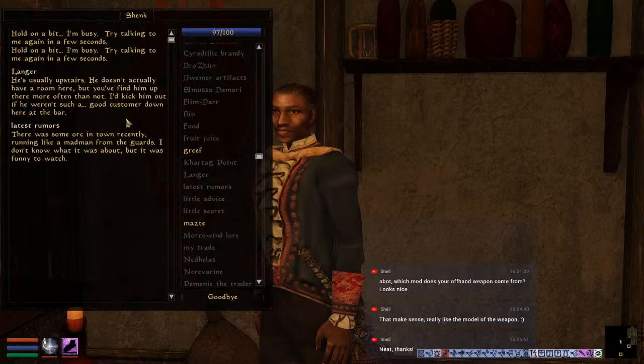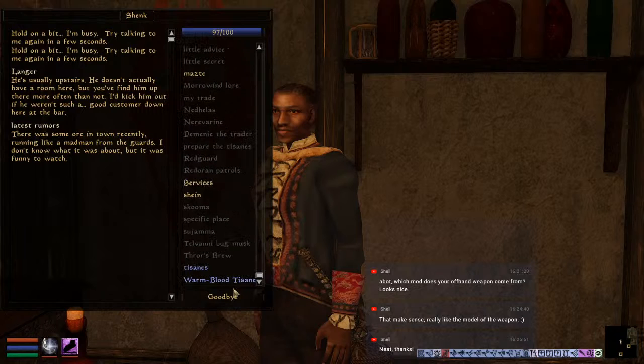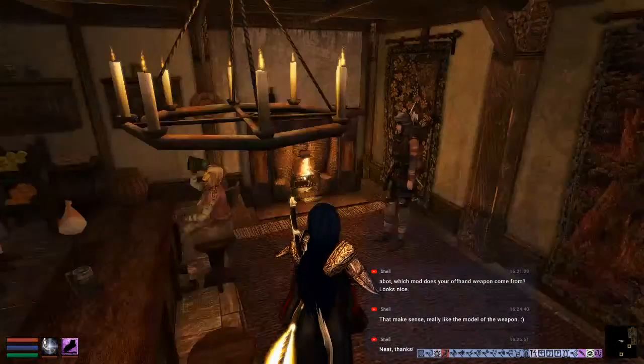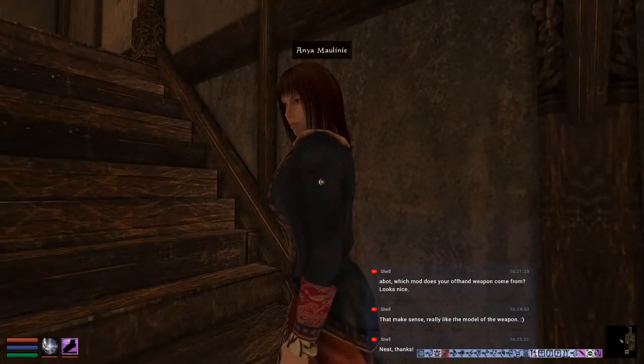Okay, and we have a couple of hints: talk with this Langa, and rumors about an orc running from the guards. These are the usual topics from Necessities of Morrowind. So let's look for this Langa.